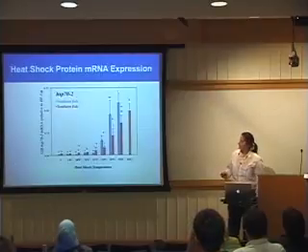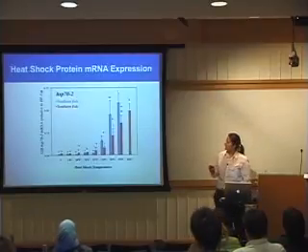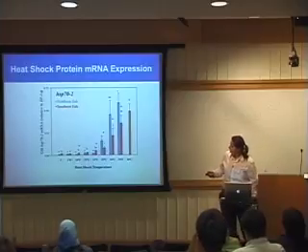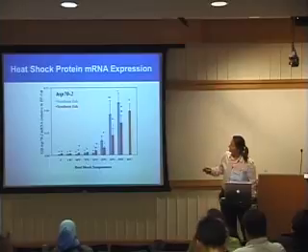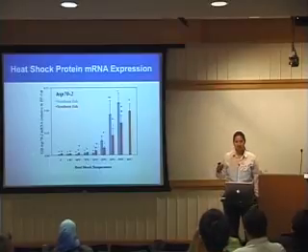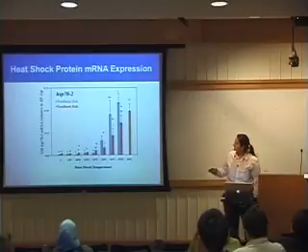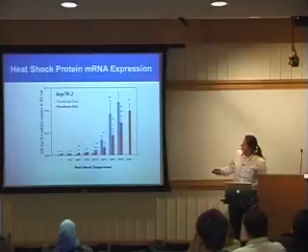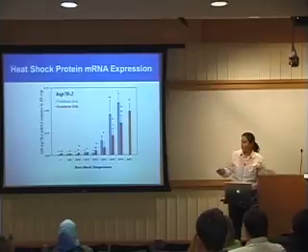And this is the type of data. This is just a sample of some data that you might get for heat shock protein mRNA expression. What I'm showing you here is, in this case, from fish, gill HSP 70-2, which is an isoform of one of the 70 kilodalton heat shock proteins, over different controls and heat stresses. You can see that with increasing temperature, you get this really nice increase in HSP mRNA expression.